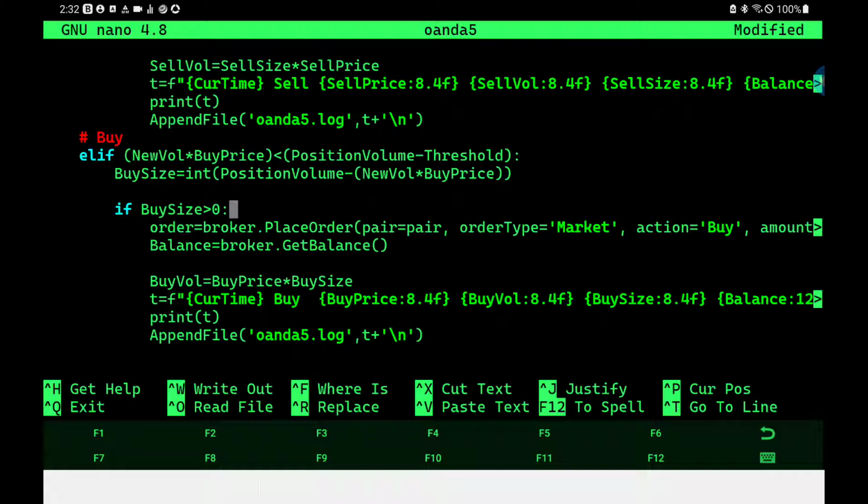Same thing, make sure that we don't deal with any weird numbers that could slip through, and only whole units to fit Oanda's restrictions. Buy what we need. Get the balance.